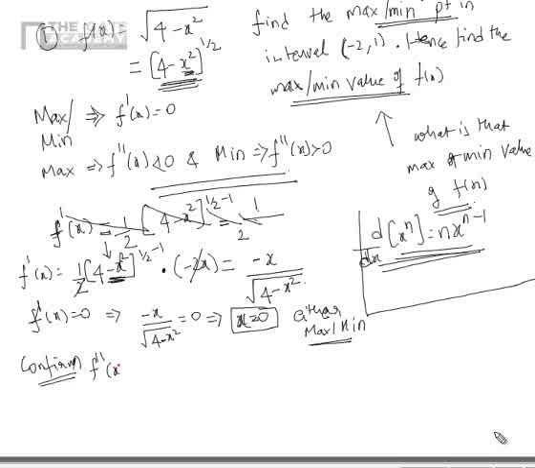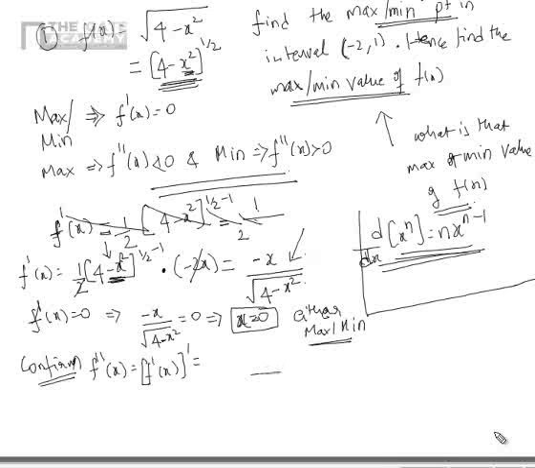We find f double dash of x, which is nothing but f dash of x the whole dash. That will give me what? I have to differentiate this now. I can apply quotient rule, correct?